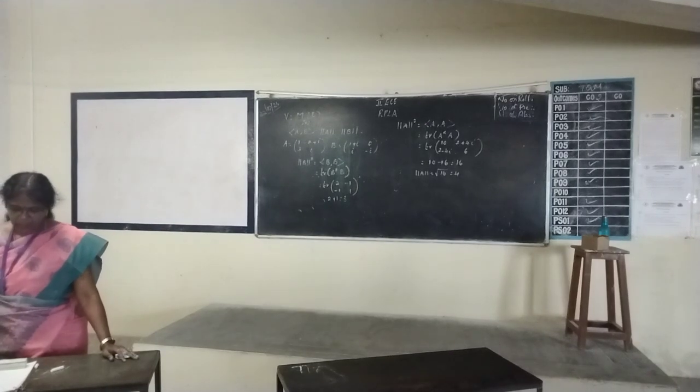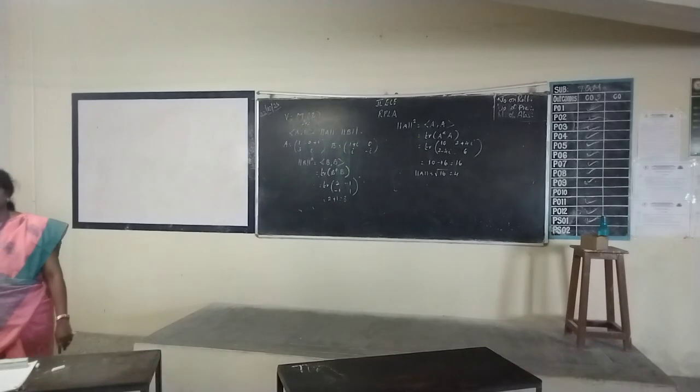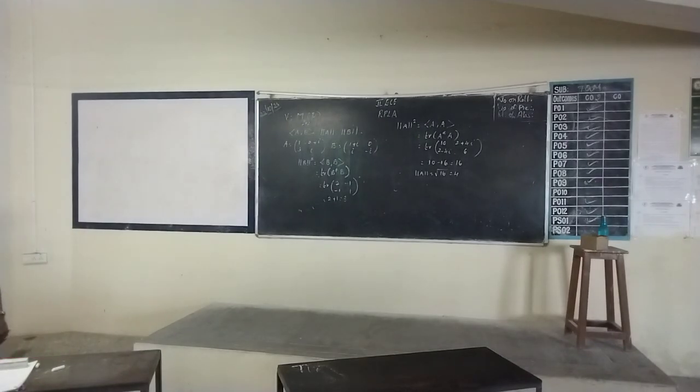Consider the inner product space M 2 by 2 of R. Sorry, 2 by 2 not 2 by 3.